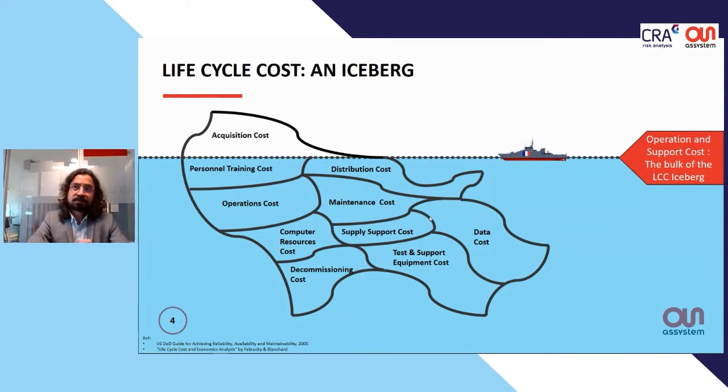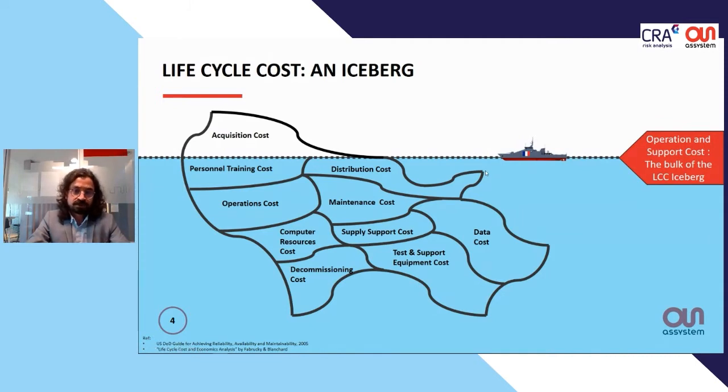This operation and support cost will go up for sure if there are faults or problems in the design, if the RAMS has not been done well. So, of course, the RAMS management systems and also the system modeling form the most fundamental part to lower these costs. And for this purpose, we need an integrated system modeling and RAMS approach.